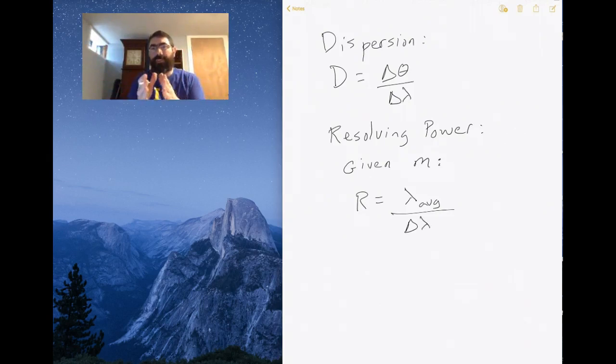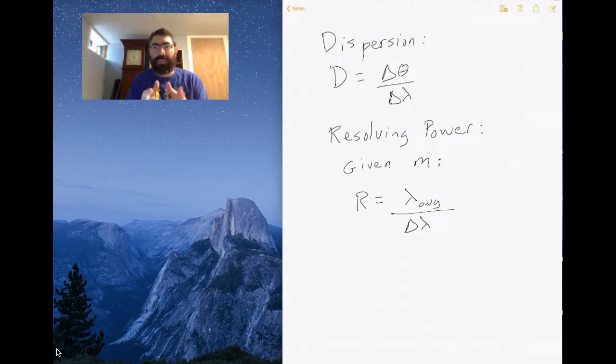So basically we're trying to figure out, given a specific diffraction grating, are you going to be able to separate the green line from the blue line, the green line from the red line, or are all of those lines just going to blend together and give you a nice rainbow color? Or would you like to see nice, sharp peaks separated from each other?